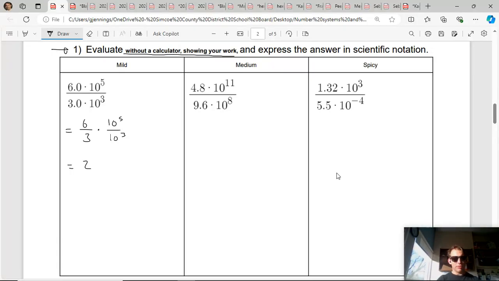Okay, 10 to the 5 divided by 10 to the 3 is going to be, when we are dividing powers of the same base, we subtract the exponents. So this is 10 to the 5 minus 3. And so that gives me 2 times 10 to the 2. And expressing the answer in scientific notation, I'm already ahead of you, but I could also write that as 2e plus 2.